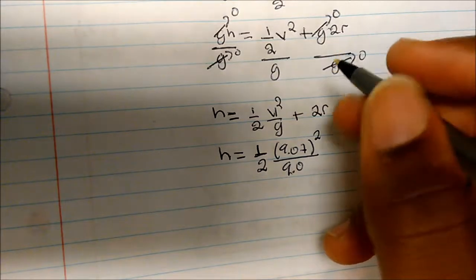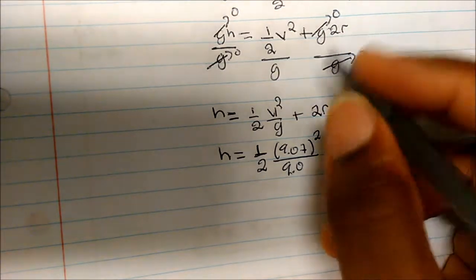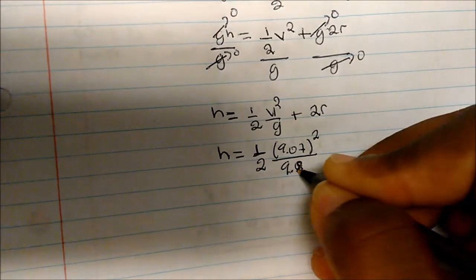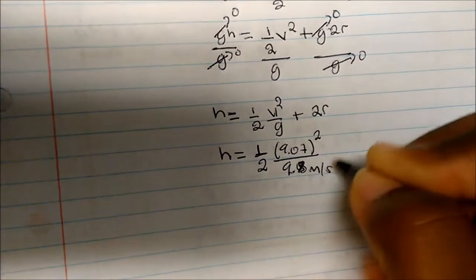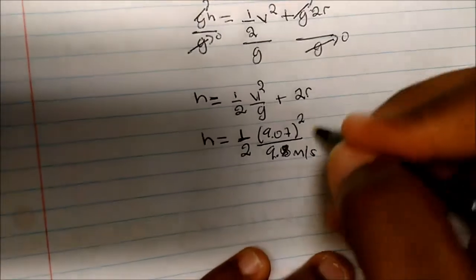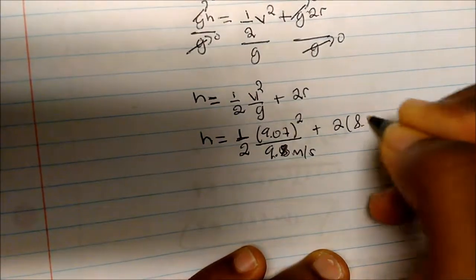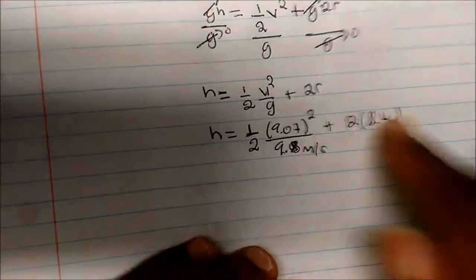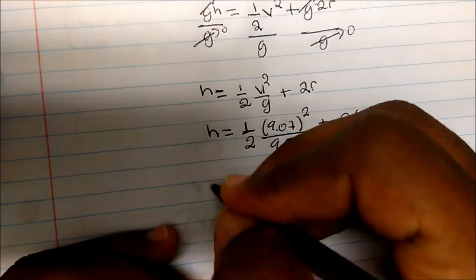Okay, so we know g is 9.8 meters per second squared. And we know this is 2 times the radius, which is 8.4. I'm just going to leave out the units since we're doing a calculation.